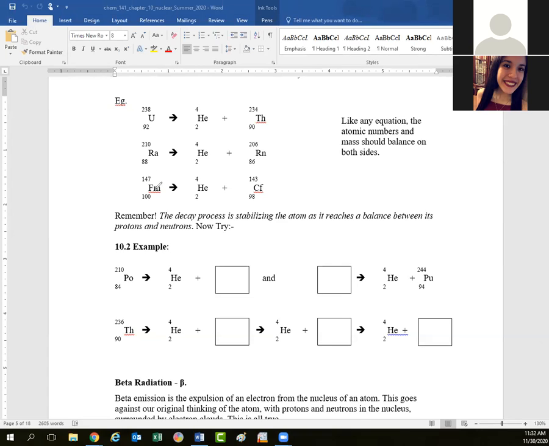Finally, the fermium, mass of 147, alpha emission again, so the atomic number drops down to 98, which makes it californium, and the mass number drops down to 143, as those 2 protons and 2 neutrons are given away.